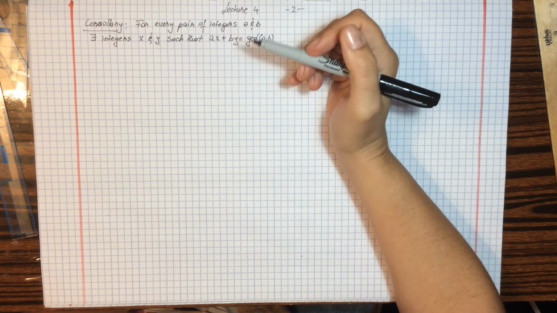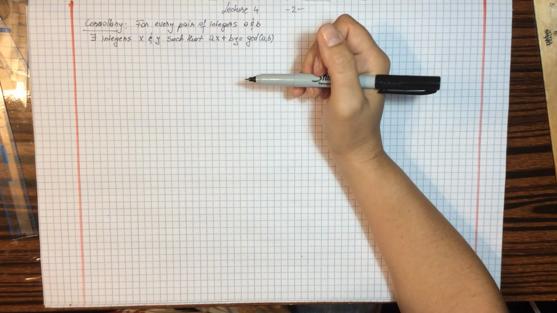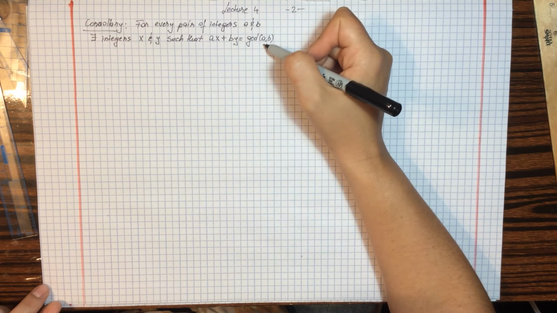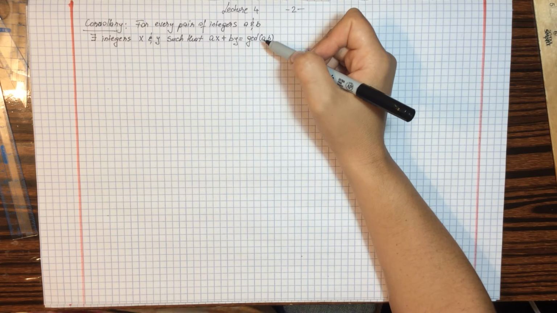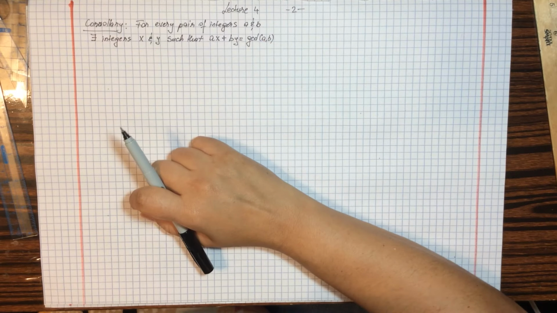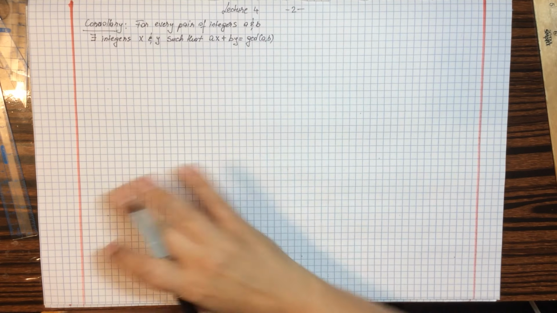But when the GCD between the two numbers is actually equal to 1, then one can use the so-called extended Euclidean algorithm, which I will leave alone for the moment.